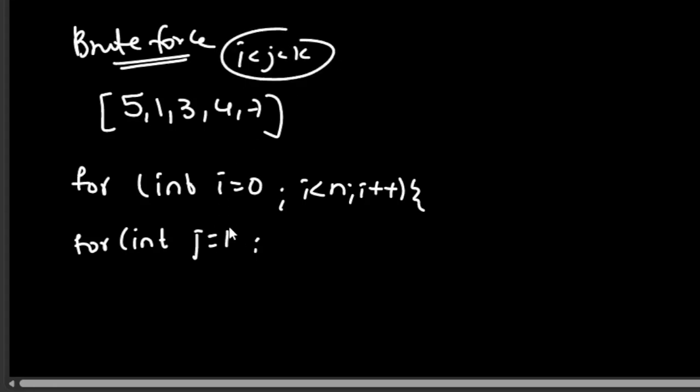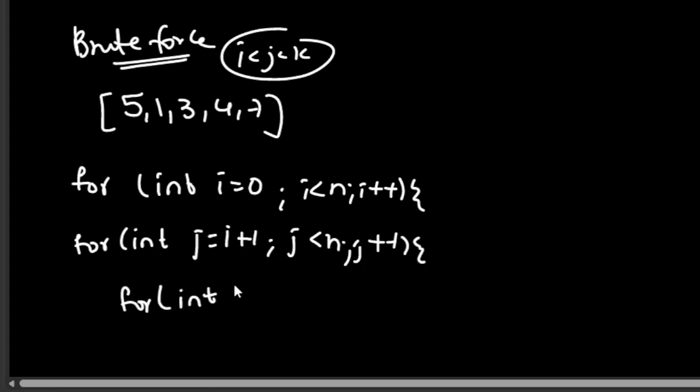So j should start from i plus 1, j less than n, j plus plus. And for int k equals j plus 1, k less than n, k plus plus. So this is the scenario.